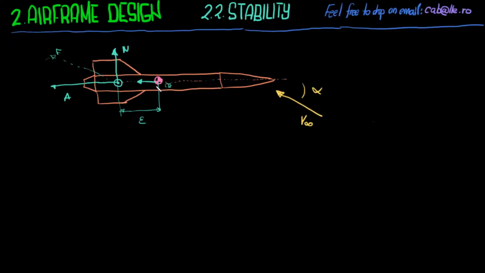And you should imagine the center of gravity as if the rocket was pinned at this point, so it can oscillate around the center of gravity. So what the normal force is doing is creating a restoring moment, M, which is just the force times the torque length. I don't know how to call this.